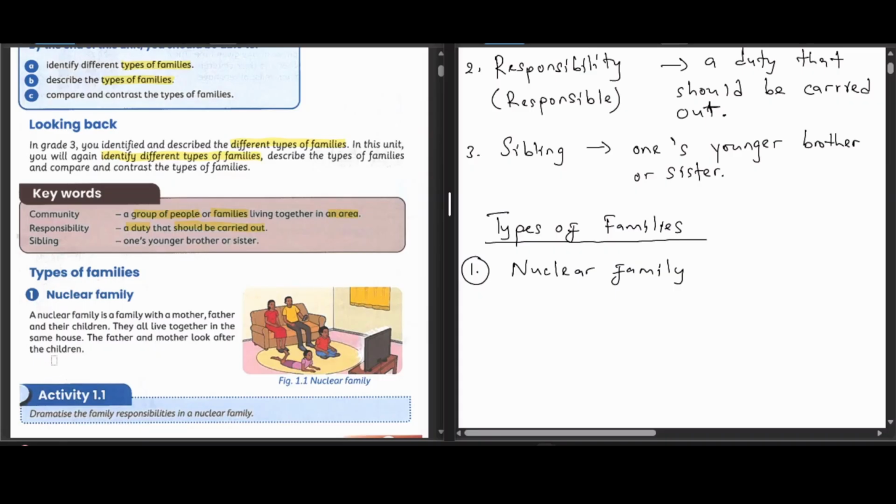So what is a nuclear family? A nuclear family is a family with a mother, a father, and their children.